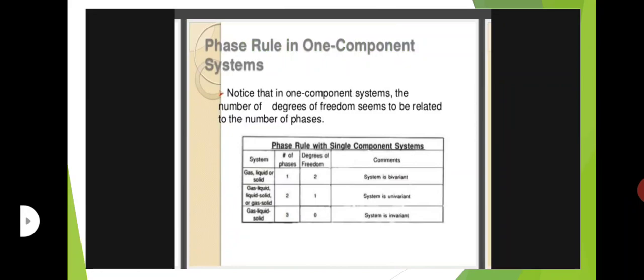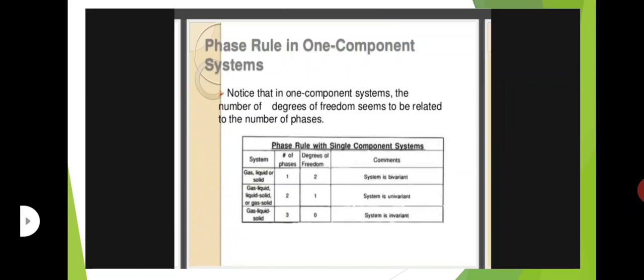Okay, phase rule in one component systems. Notice that in one component systems, the number of degrees of freedom seems to be related to the number of phases. Here is the phase rule with single component systems.